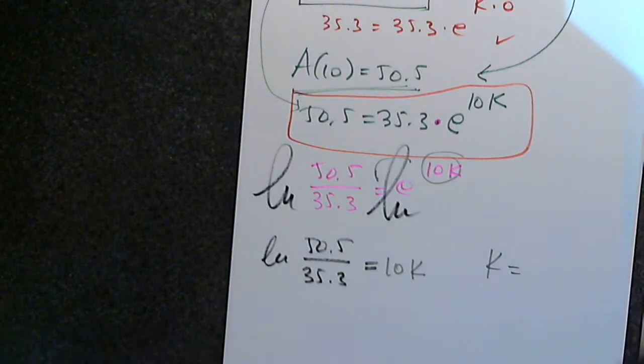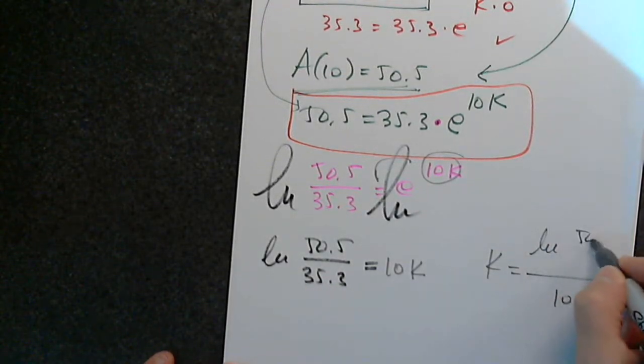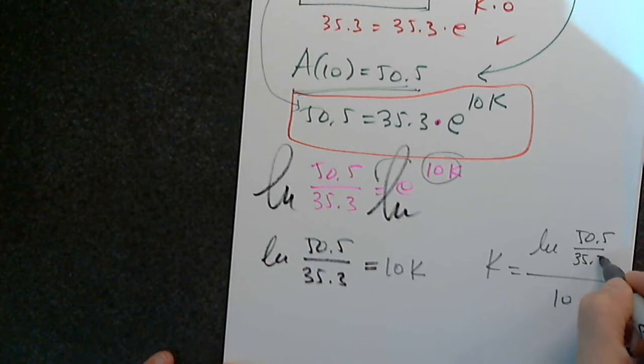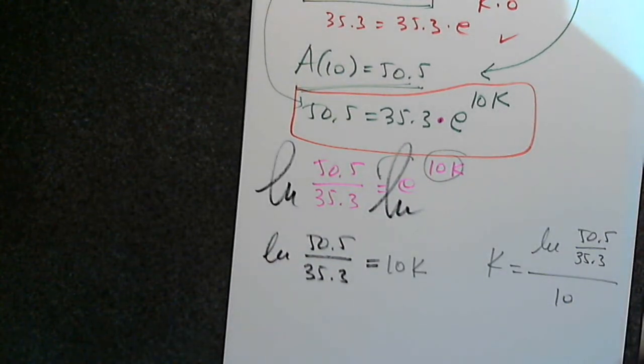Therefore, I have k. What do I do to get k? Divide by 10. Excellent. Well done. Natural log 50.5 over 35.3. I'm not going to do any of this by hand, of course. I will go directly to the calculator and put natural log 50.5 divided by 35.3, close the parenthesis, and divide.